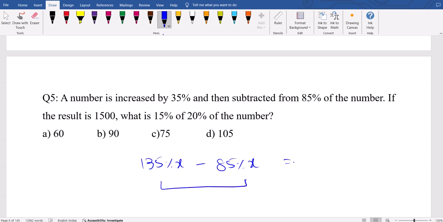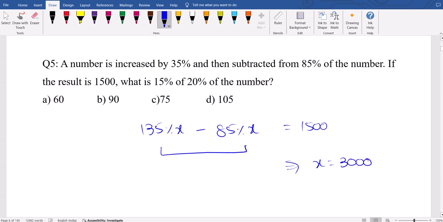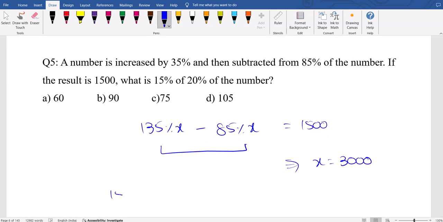So 50% is equal to 1500, so the number is equal to 3000. Now what do you want to calculate? 15% of 20%. 15% means 15 divided by 100. 20% means 1 by 5th of that number x. So 3000 divided by 5 is 600.